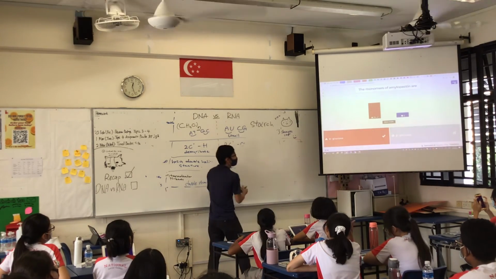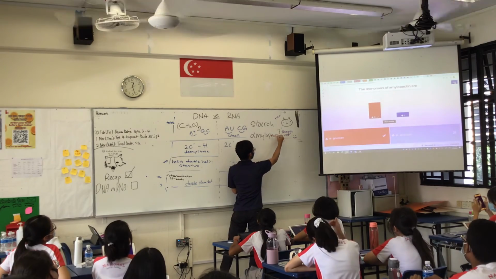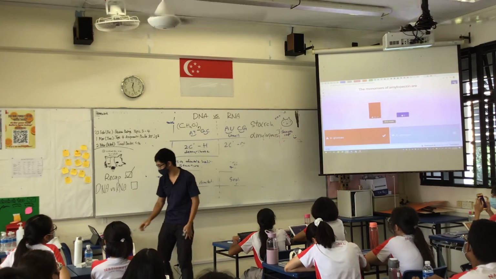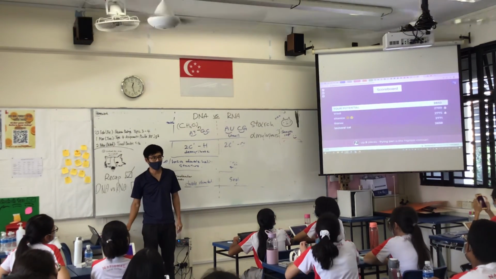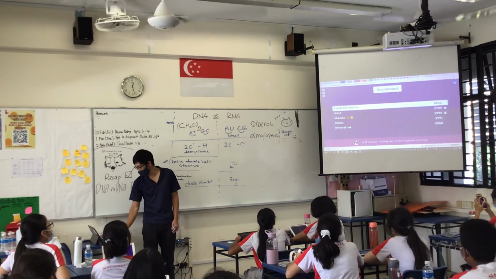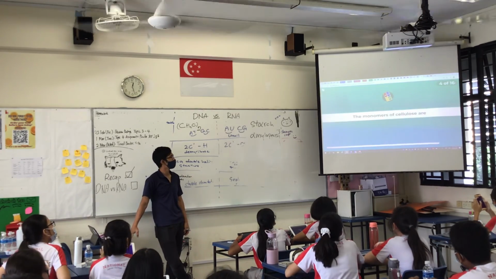Amylo bacteria. How do you pronounce it? Amylo? Okay, actually that makes sense. Why did I call it amylo? Alpha.